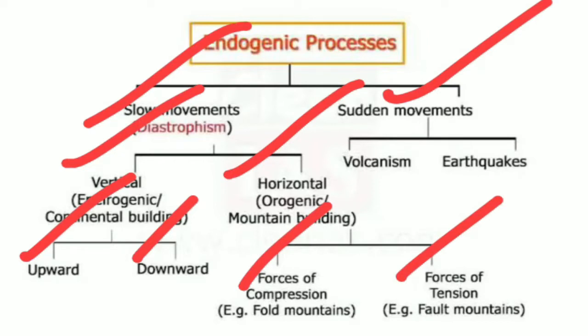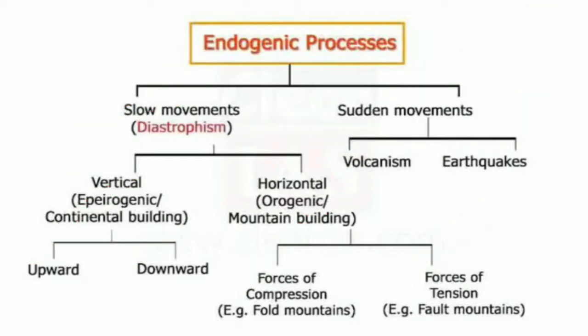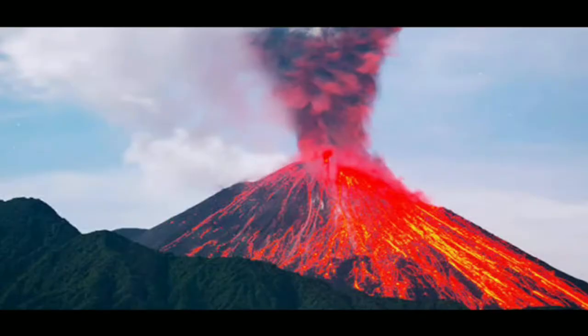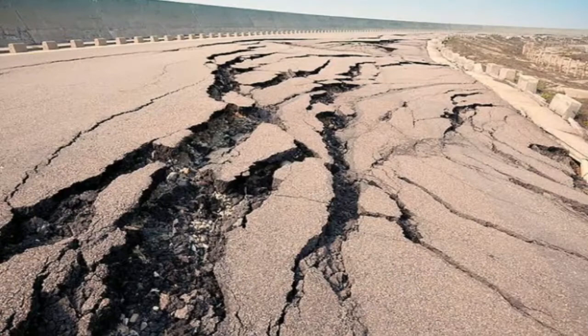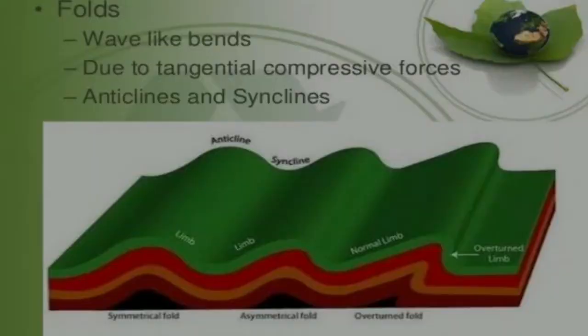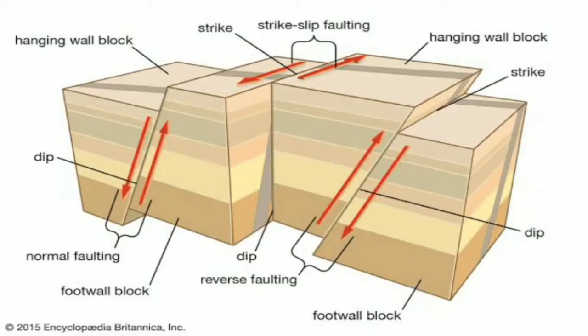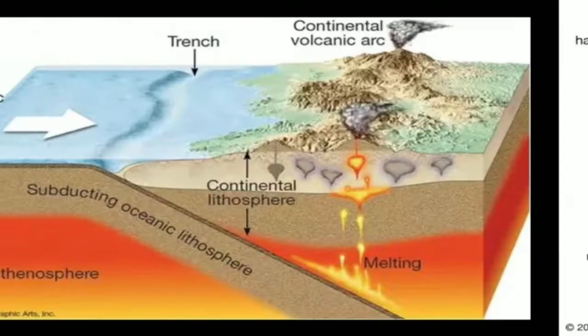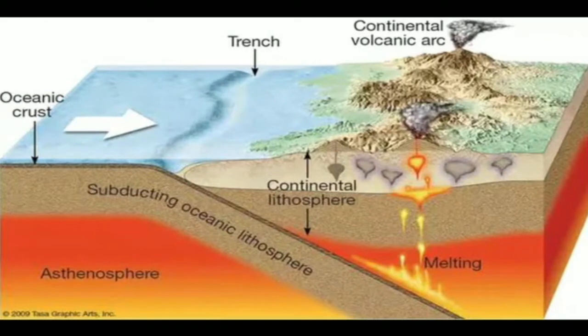The sudden movements are divided into volcanism and earthquakes. So the examples of endogenous processes are the volcanic activities, the earthquakes, the folding, the faulting due to the tectonic activities that are occurring inside the earth.